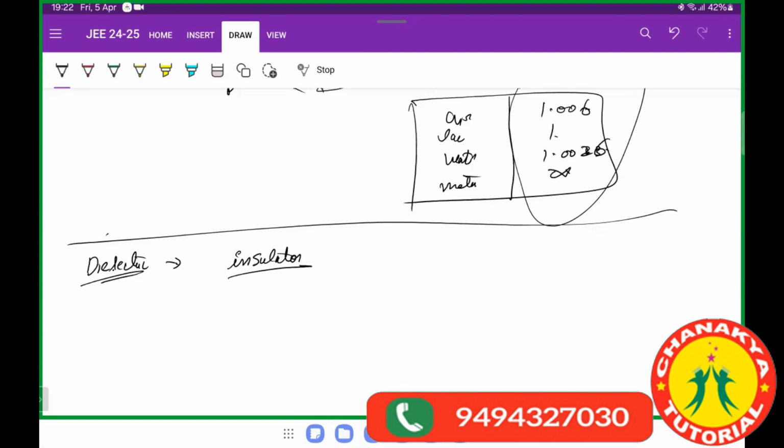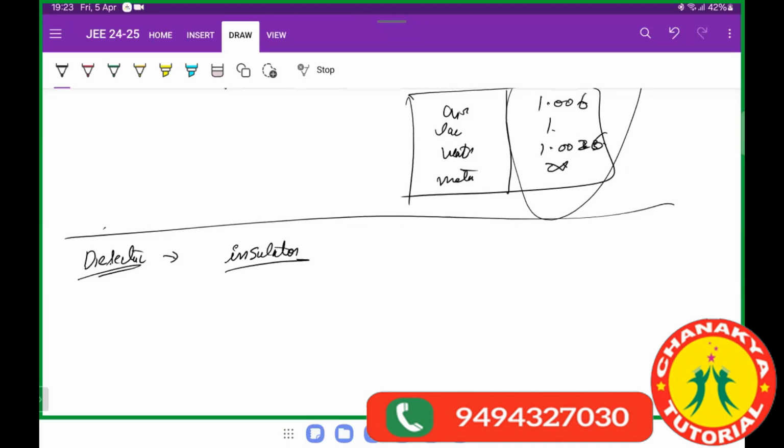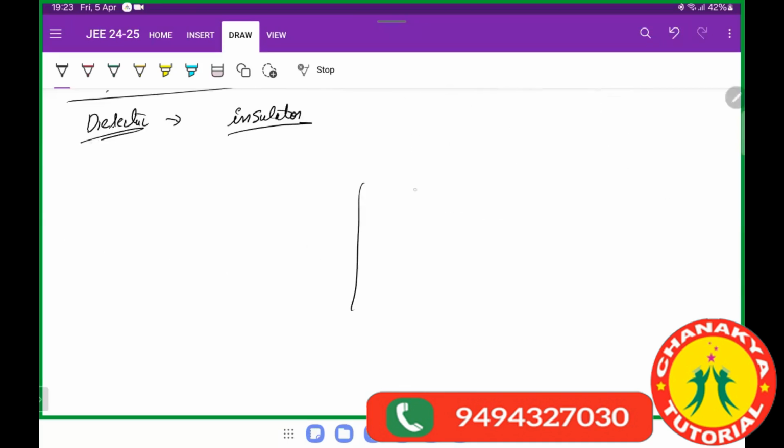Now, instant charge and instant discharge is the function of a capacitor. If I take two plates of a capacitor, let me draw and show you. If I keep two plates like this, whenever it is required, only at that time it should work.